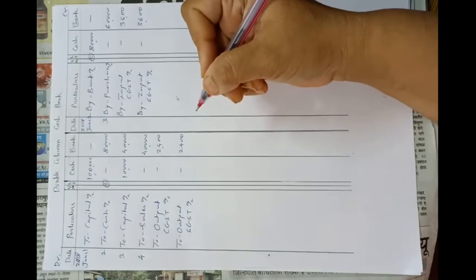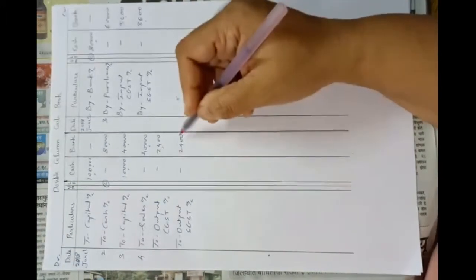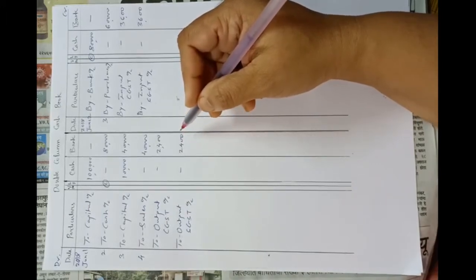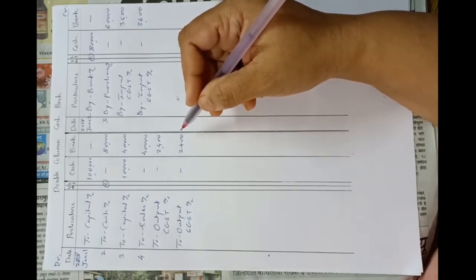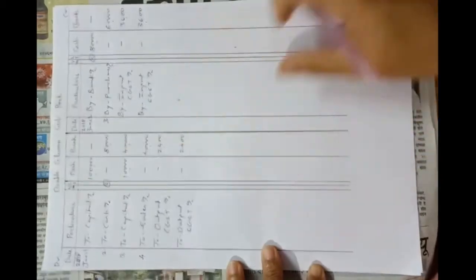Okay, this entry will be passed, and as we have received check, amount will be deposited immediately into bank account. Next entry now. On 8th June, sold goods to Ram on credit plus CGST and SGST at 6% each. This is a credit transaction, so we will not enter any entry in cash book on 8th June.